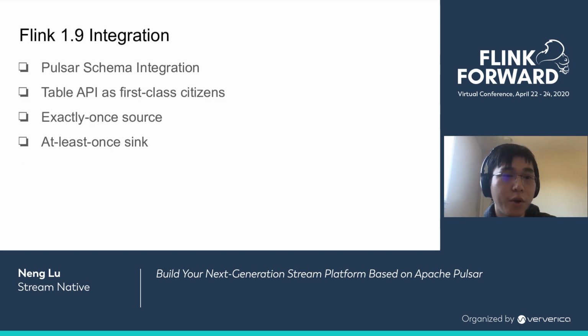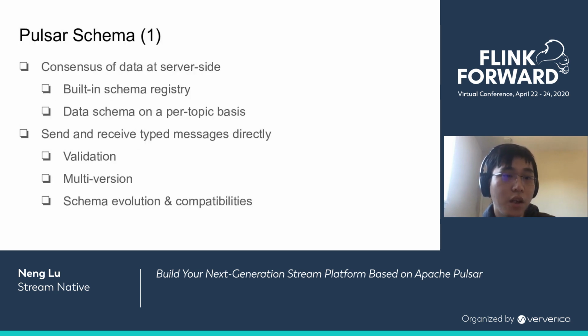In the Flink 1.9 integration, we have schema support for users to process their data with types, and we also have the Table API as a first-class citizen. We also added the exactly-once source, since exactly-once semantics has been a very hot topic in the stream processing field, as well as the at-least-once sink.